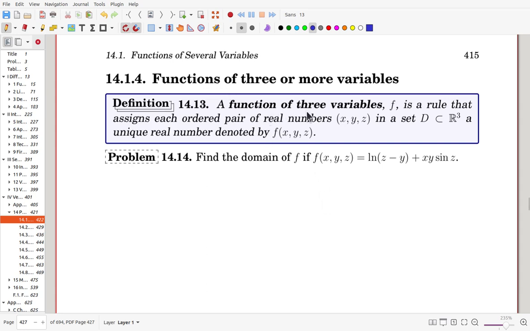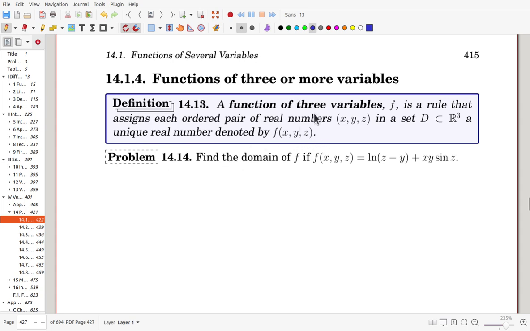A function of 3 variables, f, is a rule that assigns to each ordered triple of real numbers x, y, z in a set D, of course, D is the domain, a unique real number denoted by f of x, y, z.